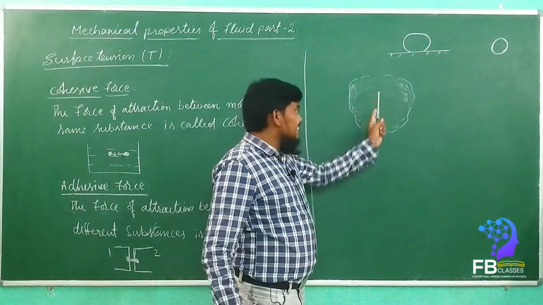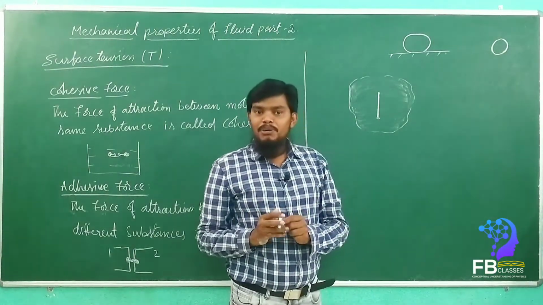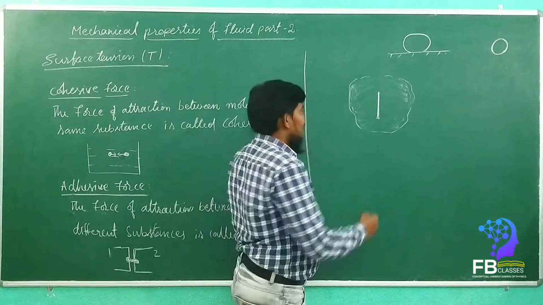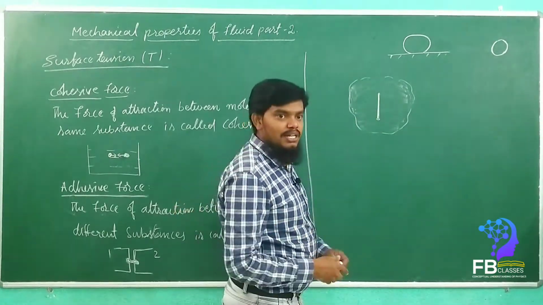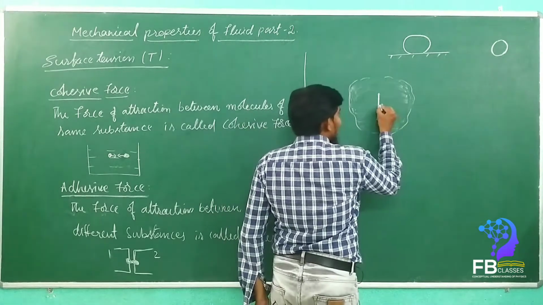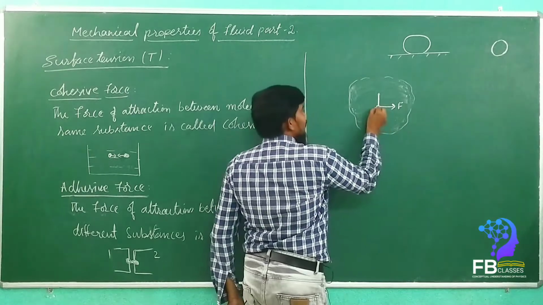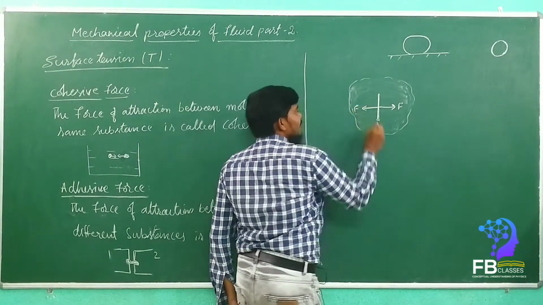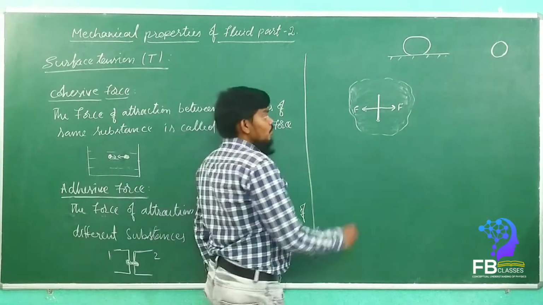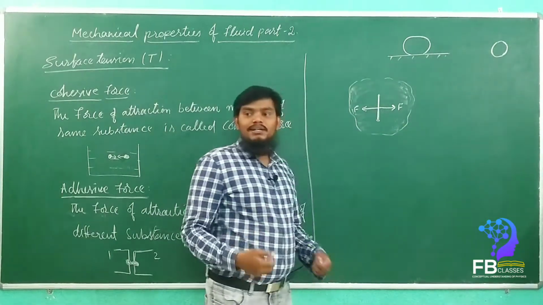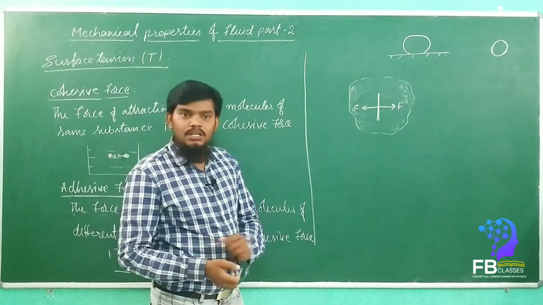On this imaginary line, if the drop is in equilibrium, meaning it is at rest, then what will happen? This imaginary line is balanced by forces. One force acts towards the right side, another force acts towards the left side. Yes or no? Got it? So these forces are balanced by the imaginary line. Got it? Are you getting my point?